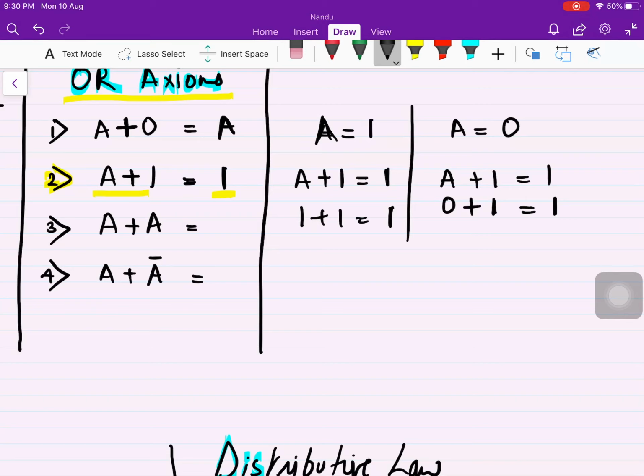That's why if you add anything with 1, you'll get 1. Remember that. Then a plus a will give you a, and a plus a bar is like 1 plus 0. If you take a as 1, a bar will be 0, so you will get 1, correct?